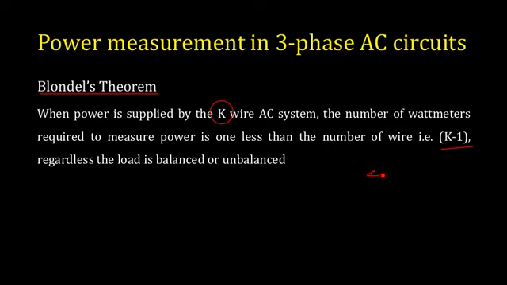So if it is having 4 wires, you should at least have 3 wattmeters to measure the power, regardless of whether your load is balanced or unbalanced. So that is your theorem, which is a general theorem that we associate with the measurement of power using wattmeters.